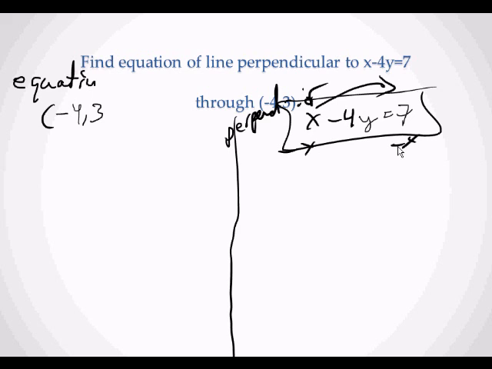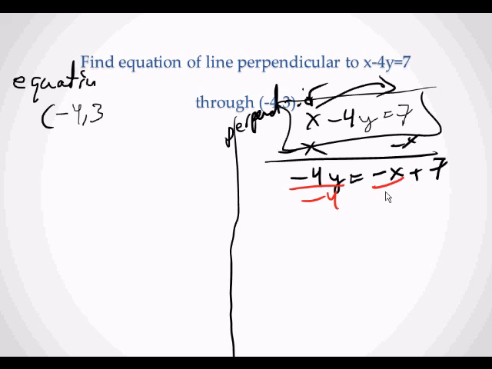So remember, there's something special about perpendicular slopes. Let's get y by itself on one side. I want to get the x to the other side by minusing x, and I'm left with negative 4y equals negative x plus 7. I'm going to divide both sides by negative 4.